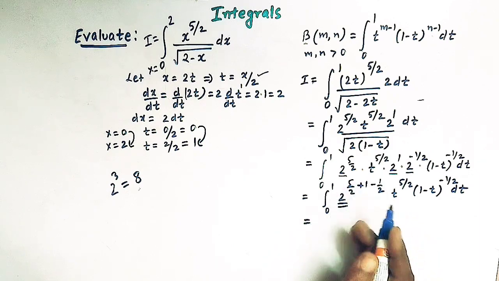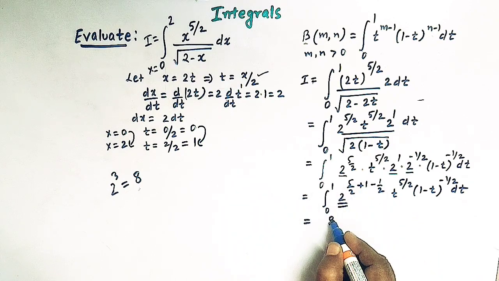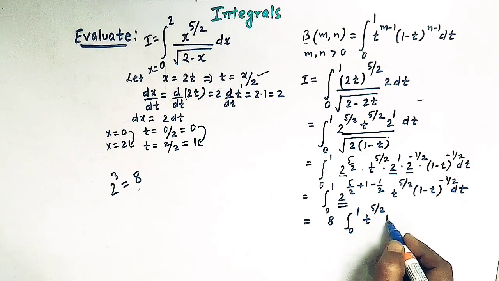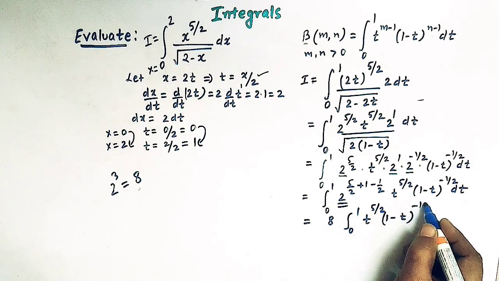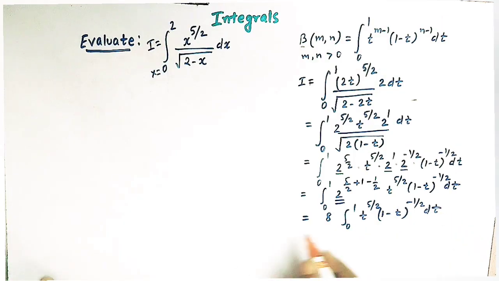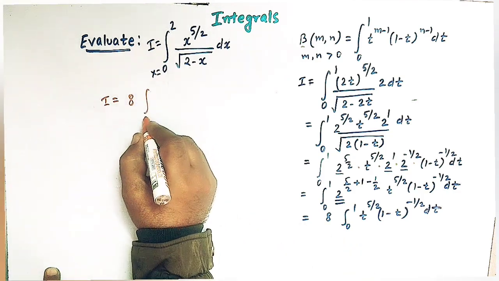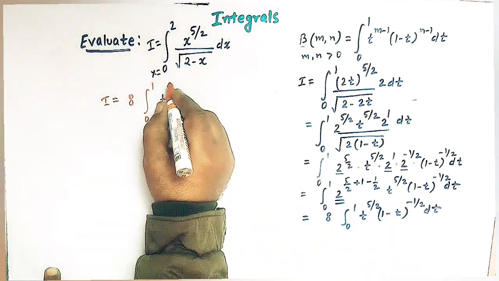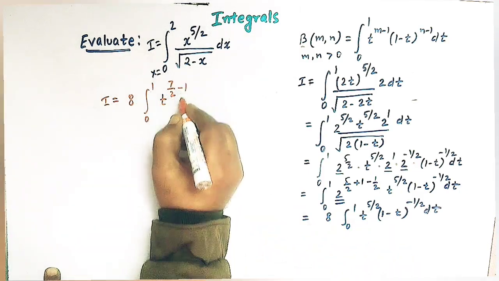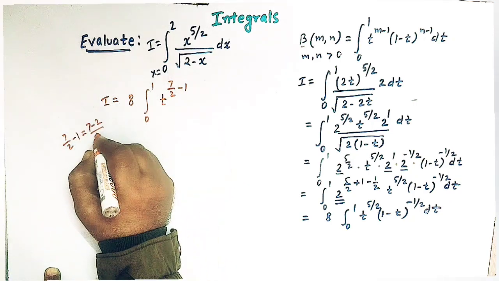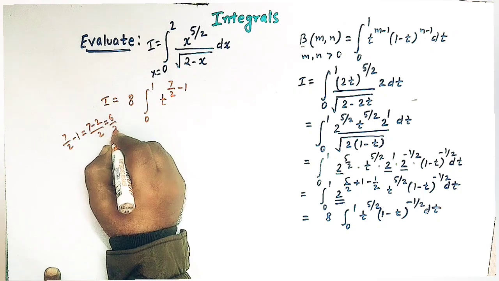And taking 8 outside the integral, we have 8 times 0 to 1 and t raised to 5 over 2 and 1 minus t raised to minus half and dt. So now let us write I is equal to 8 times the integral 0 to 1, and t raised to 5 over 2 can be written as 7 over 2 minus 1, because 7 over 2 minus 1 is equal to 7 minus 2 over 2, that is 5 over 2.